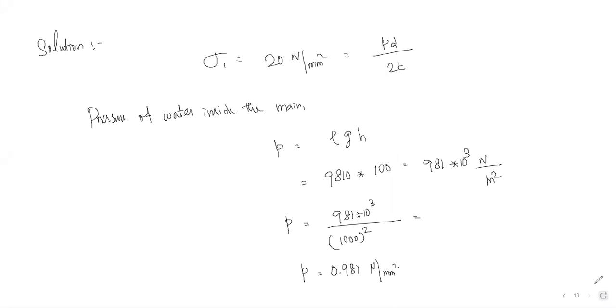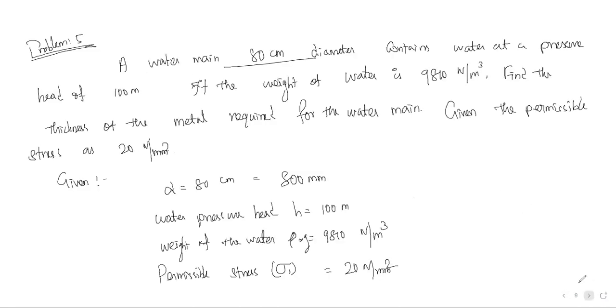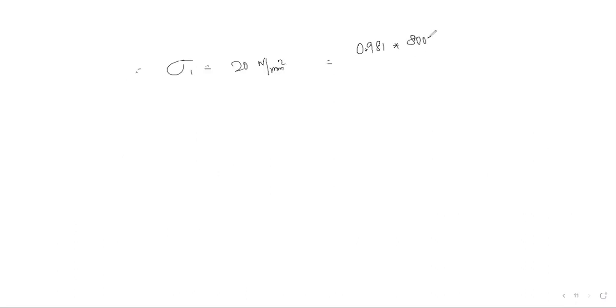Now we can substitute in this formula to get T. Sigma 1 is equal to 20 Newton per mm square, which is P, 0.981, into D. D they have given as 800 mm, divided by 2 into T. Therefore, T is equal to 0.981 multiplied with 800 divided by 2 times 20.